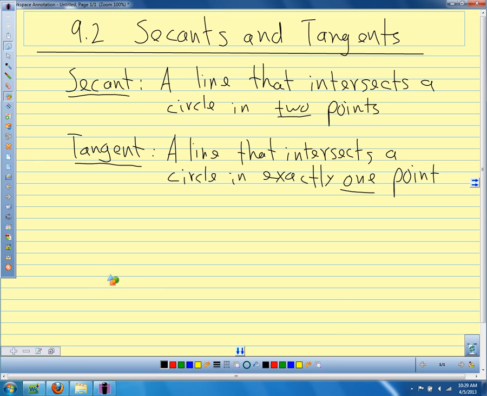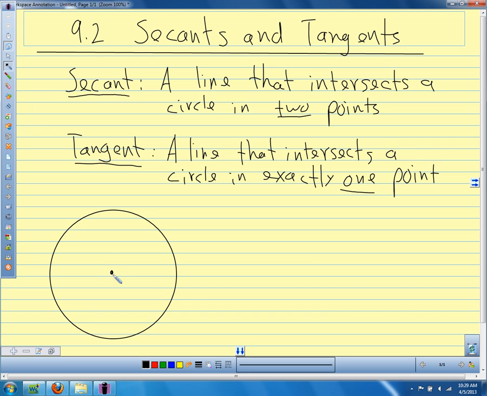Let's draw a quick picture of a secant and a tangent. There's our circle, and our secant line is going to go through like so, and our tangent line is going to look like that. The secant touches two places, the tangent one.